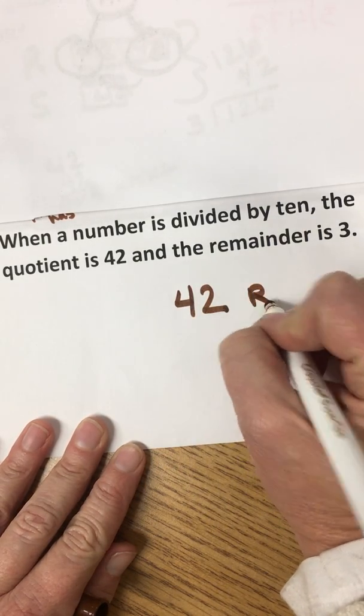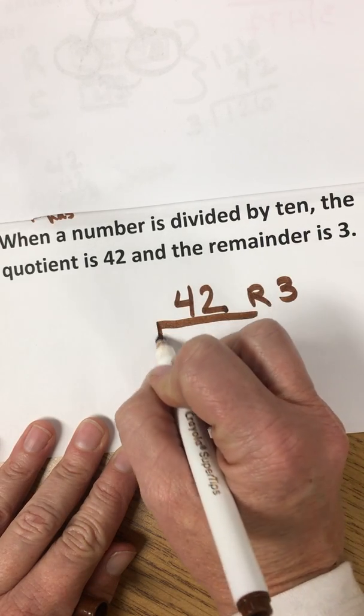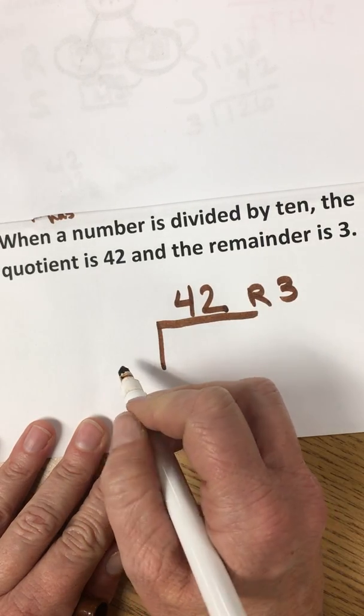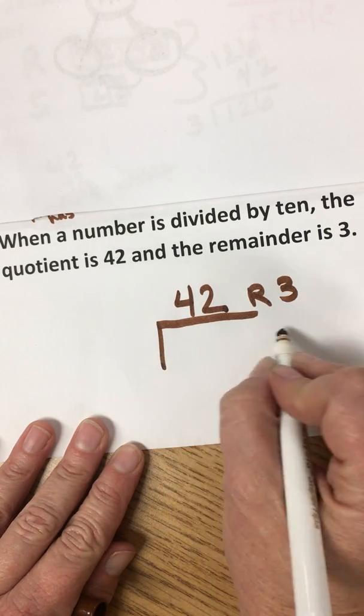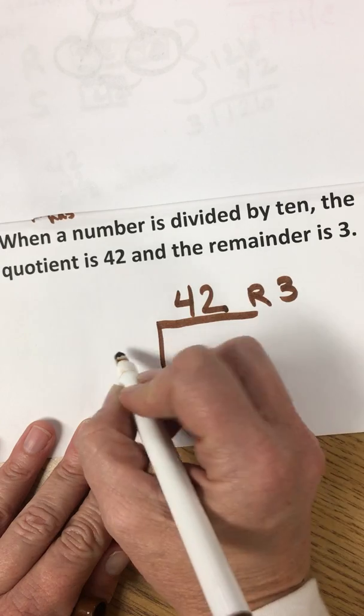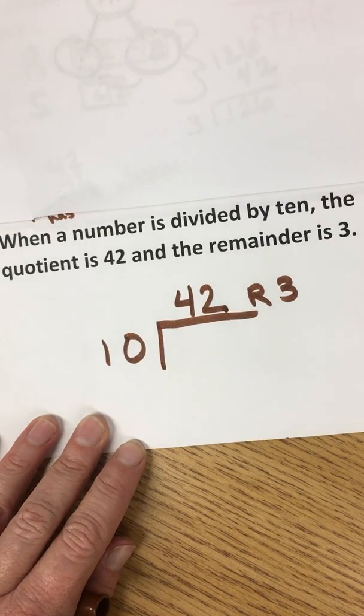So we need to know the answer is 42, remainder 3. Okay? You could then set up the problem. We don't know what number is inside the dividend, but we know that something is divided by 10.